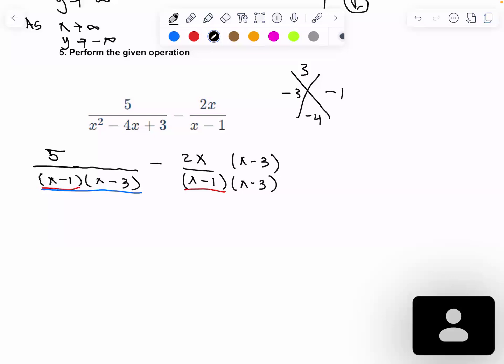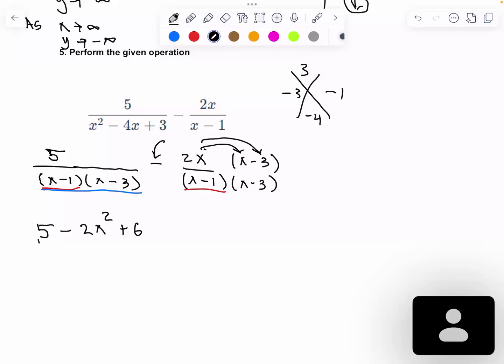Okay. Once we do that, we can write it as a single fraction. So I'm going to write 5, and then I'm going to do some distributing here since I'm multiplying top and bottom, right? 2x times x is 2x squared. And 2x times negative 3 is positive 6. Don't forget that we're multiplying by negative 2x, right?